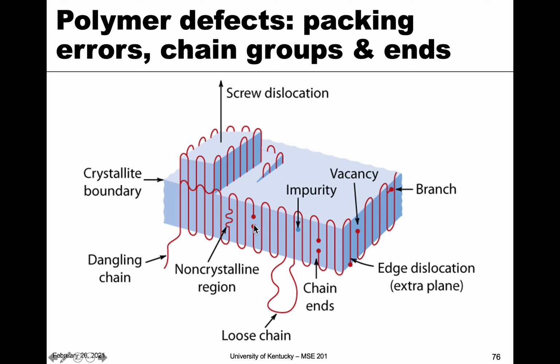So that would be like a point defect. You can have this loose chain, chain ends, an impurity, or a dangling part of the polymer chain. And you can have edge dislocations and screw dislocations. You can have a lot of the same things, but you can also have some other interesting defects like loose chains, errors in the chain grouping, and so forth.